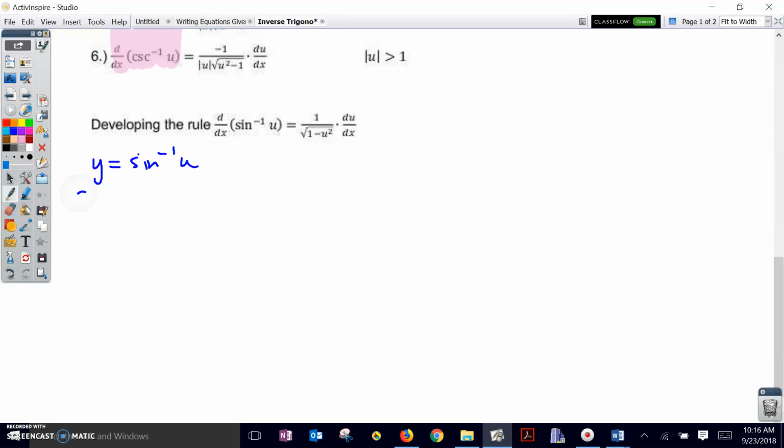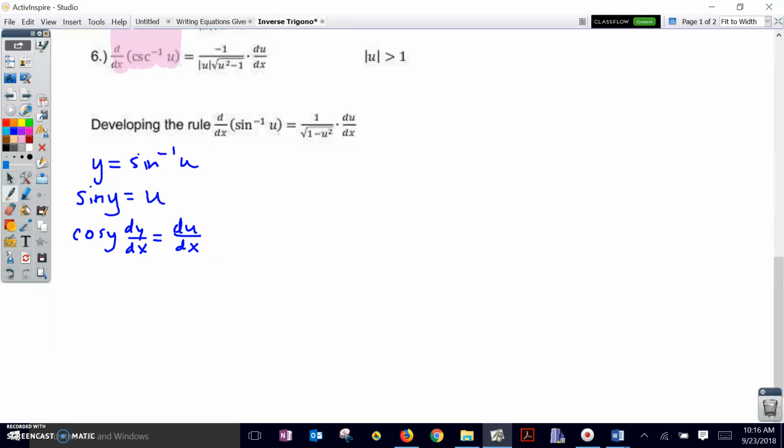The first thing I'm going to do is take the sine of both sides of this equation, and I get that the sine of y is equal to u. And then I can take the derivative of this function, and the derivative is going to be cosine of y times dy dx is equal to du dx.